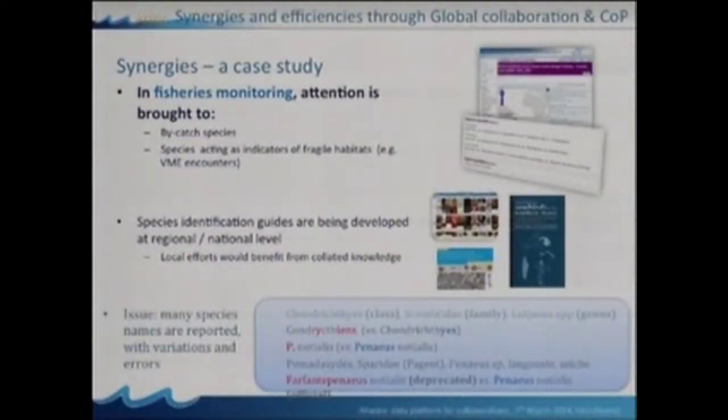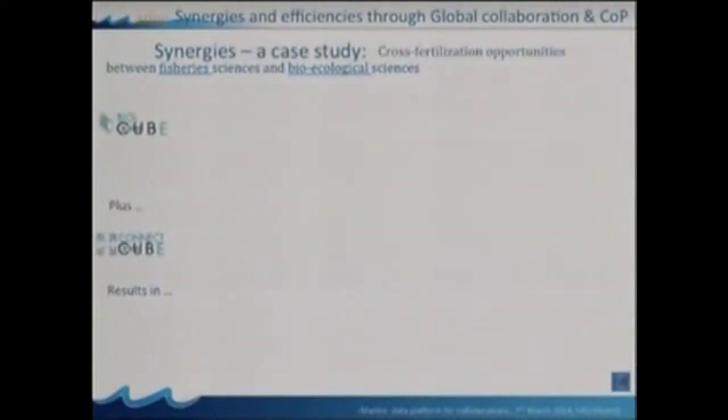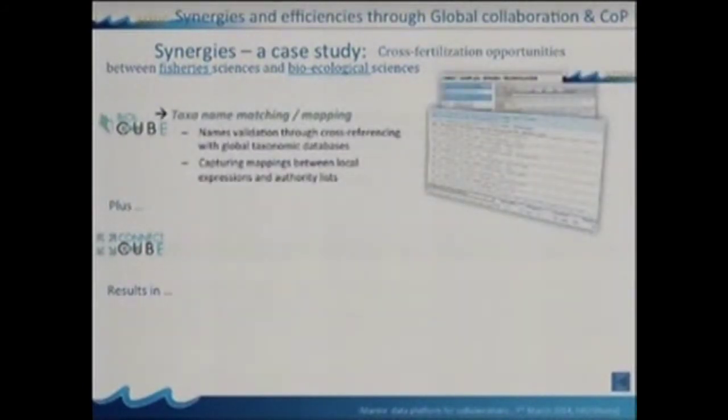One of the issues that we recurrently observed is that many names are reported with variations, spelling mistakes or different ways of spelling out scientific names. And the biological or ecological community had developed many approaches for taxonomy matching and mapping.